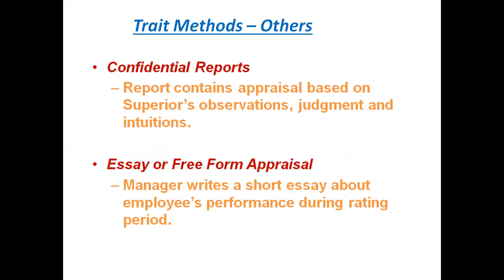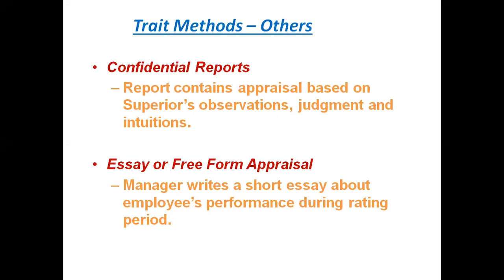While preparing the essay on the employees, the rater considers some factors: job knowledge and potential of the employees, understanding of the company's programs, policies, objectives, etc., employees' relation with co-workers and the superior, employees' planning, organizing, and controlling activity, and attitude and perception of the employees in general.